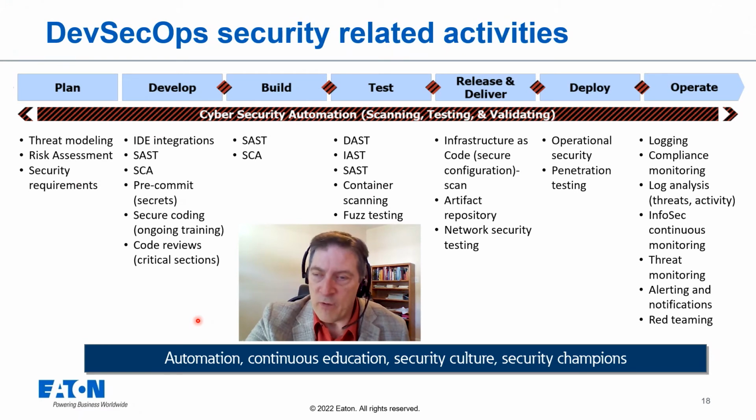That's a major no-no from a cybersecurity perspective. Using static analysis, software composition analysis at all phases, and making sure your developers have ongoing training for how do I write software in a secure manner. And then for sections of code that are critical, knowing these tools are not perfect, well, it's beneficial to actually have code reviews perhaps for critical sections of code.